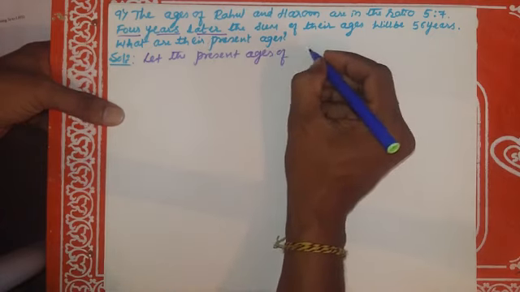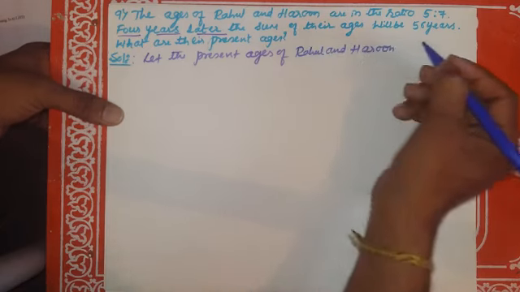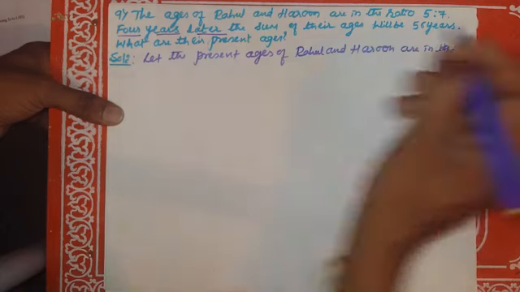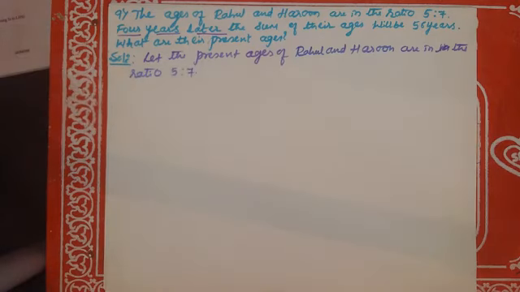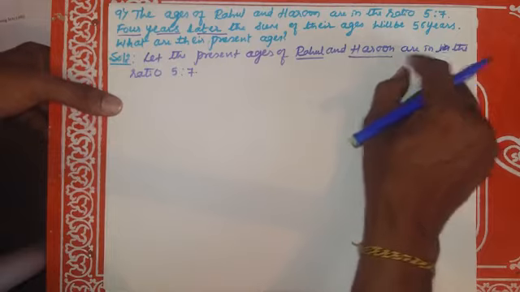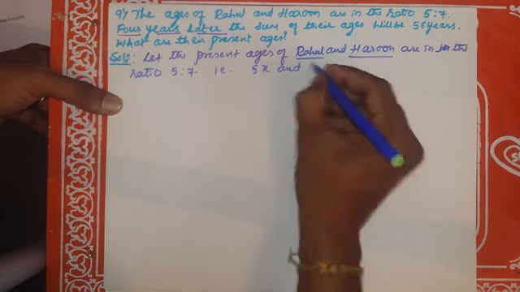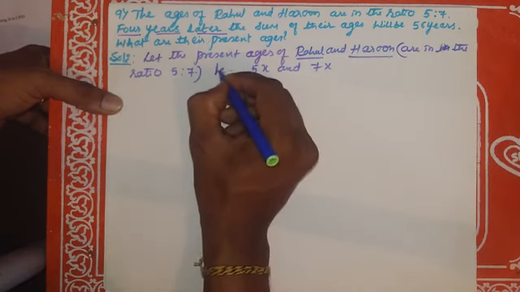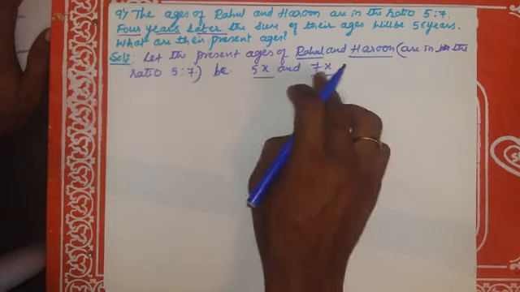Solution. Let the present ages of Rahul and Arun are in the ratio 5:7, that is 5x and 7x, because they are given in the ratio, so we should write 5x and 7x.